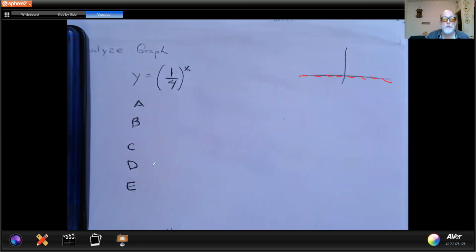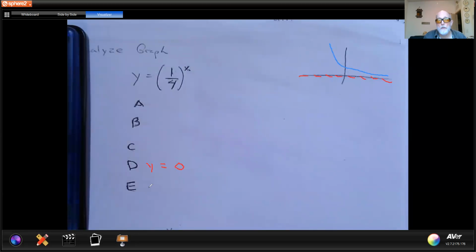So I know D was the asymptote, and so that is y equals 0.